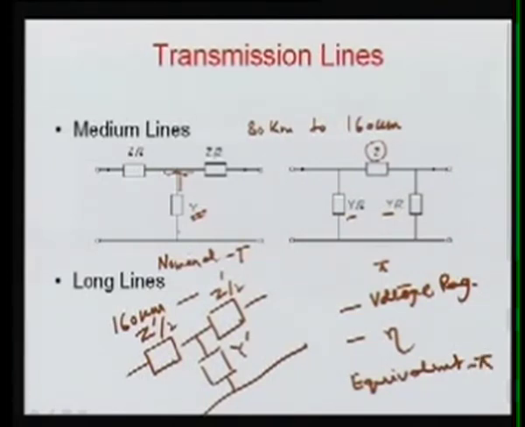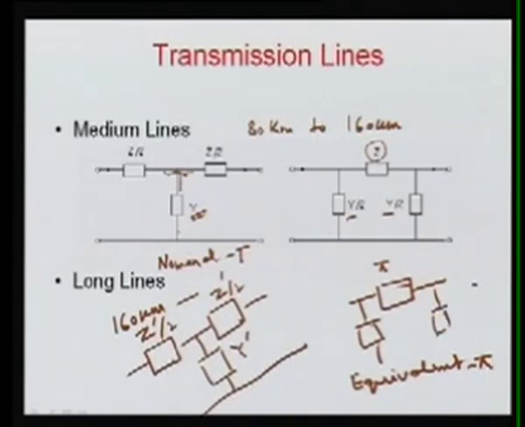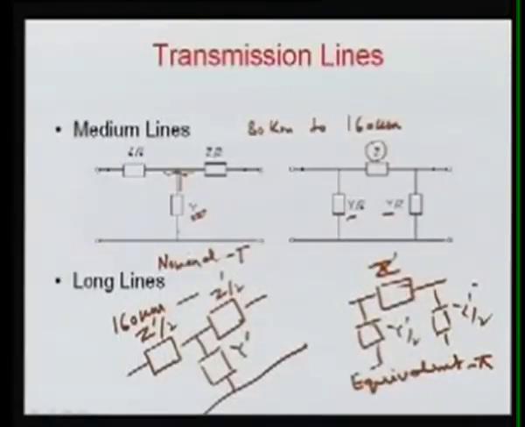So here we can get this pi like this, this is your pi, and here Y by 2 prime, here Y by 2 prime, and this is Z prime again. So we have to represent it in equivalent form, and then it is called the equivalent representation of long transmission lines.